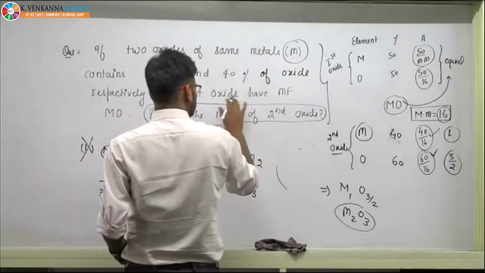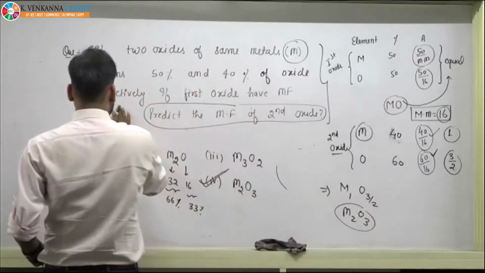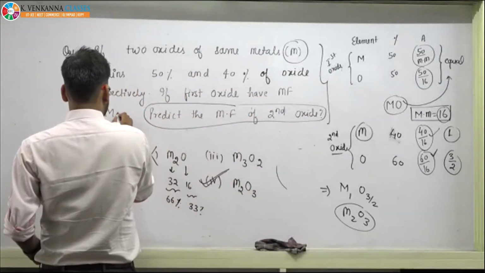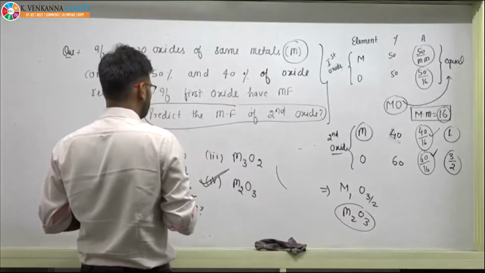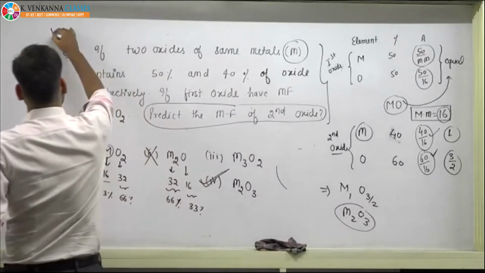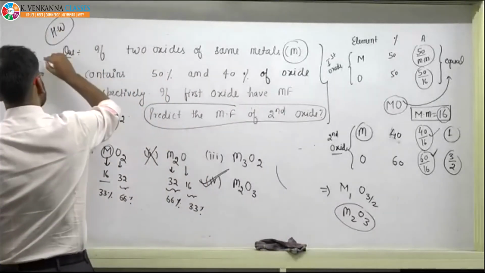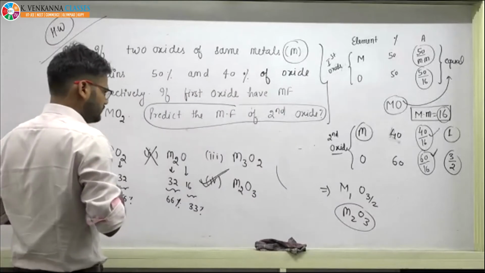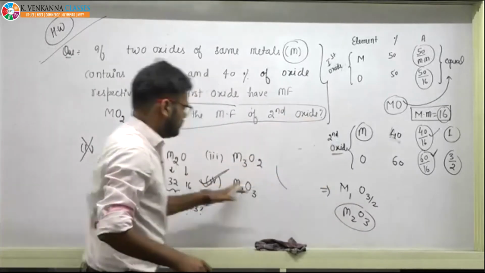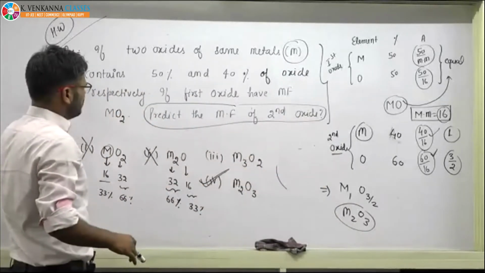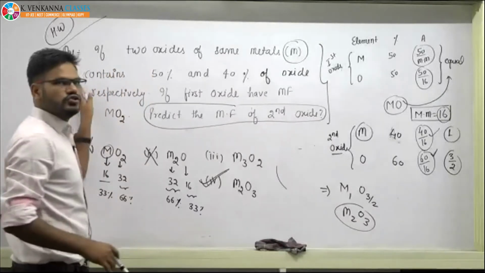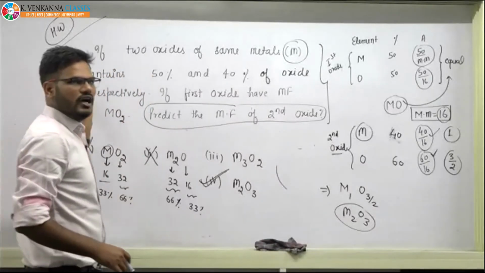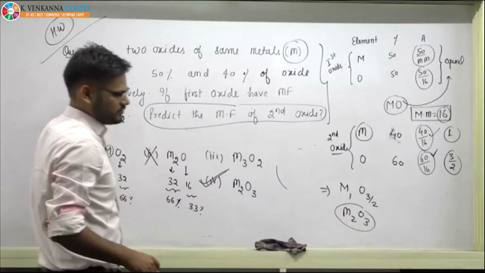If the first oxide has the molecular formula MO2, right? But it's the molecular formula. So this is a problem for your homework. First write this down, then this, then note this down, and try to solve this and send me the solution on Telegram. I will be waiting for your response.